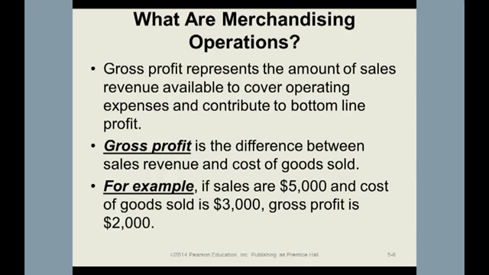So let's say operating expenses are 500. Now you've got net income of 1,005. So the gross profit is one of the more significant measures of income because it allows you to determine if you can cover your operating expenses.